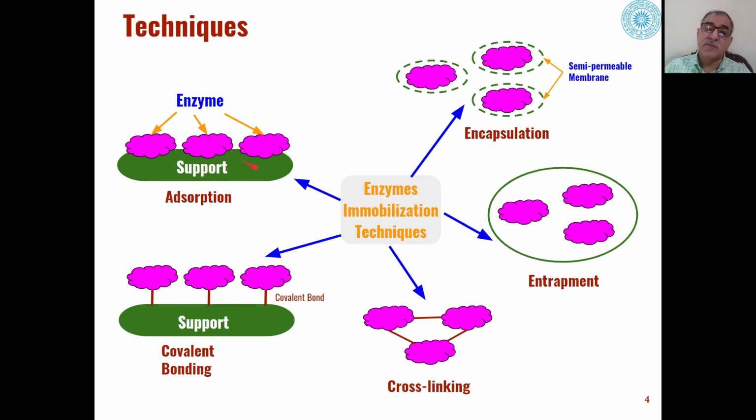And this can be reversed also by the desorption process. The enzyme can be removed from the support, because this is only a physical phenomenon, and there are no chemical bonds which have been formed between the support and the enzyme.